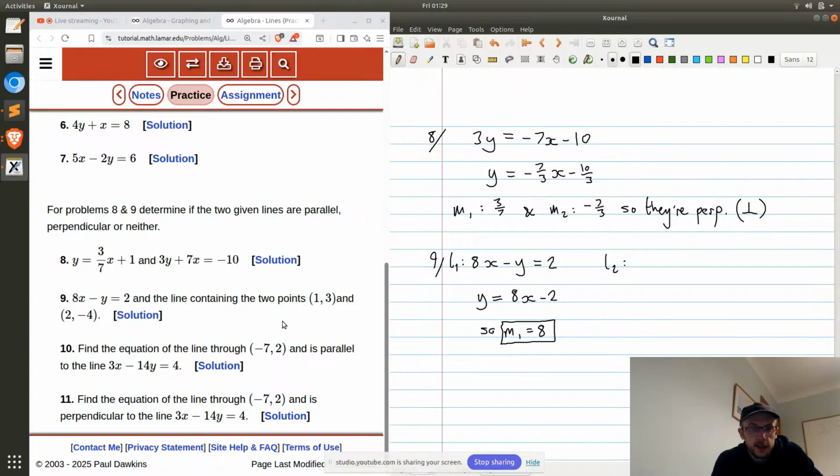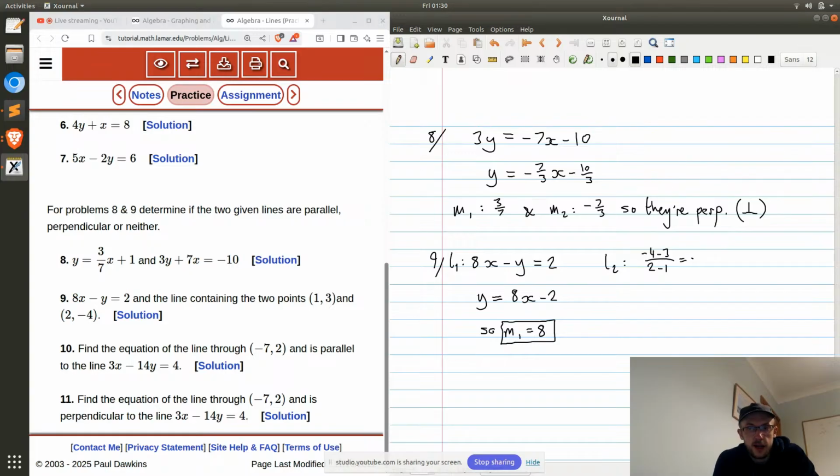For the second line, it passes through 1, 3 and 2, negative 4. So to find the gradient, I need to find the change in y over the change in x. So minus 4 minus 3 is the change in y. And 2 minus 1 is the change in x.